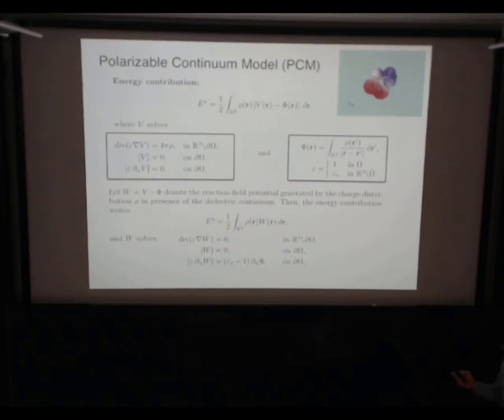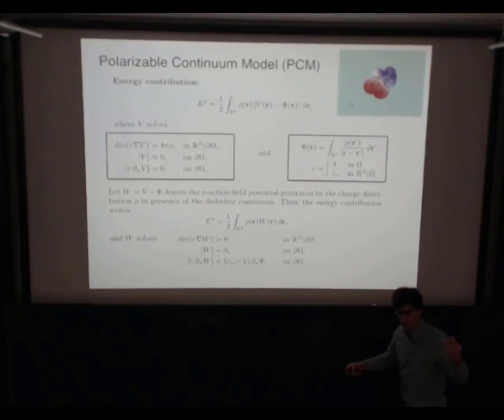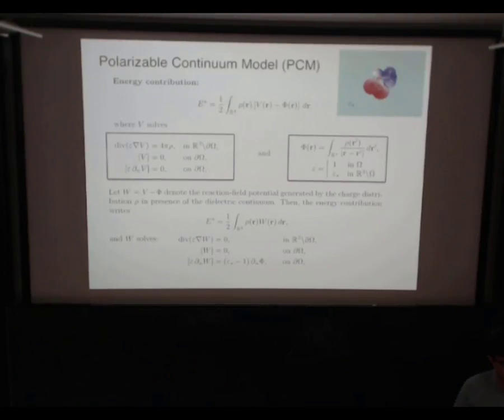In practice, you do not want to solve exactly for V, because you assume that whatever model you have for your solute already includes the electrostatic interaction. So what you actually want is the difference due to the solvent, so the potential in the presence of the solvent minus the potential in vacuum, and only this contribution is added to the model, because electrostatics is already included in the model of the solute.